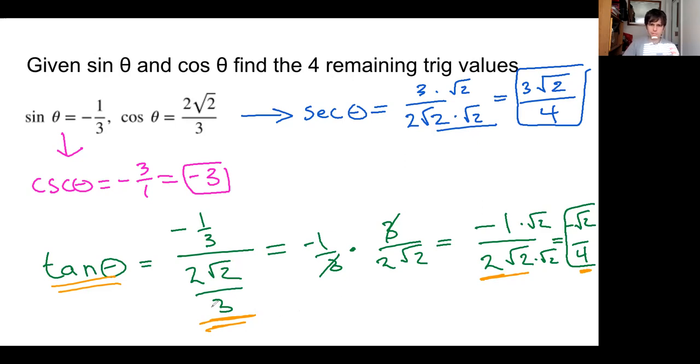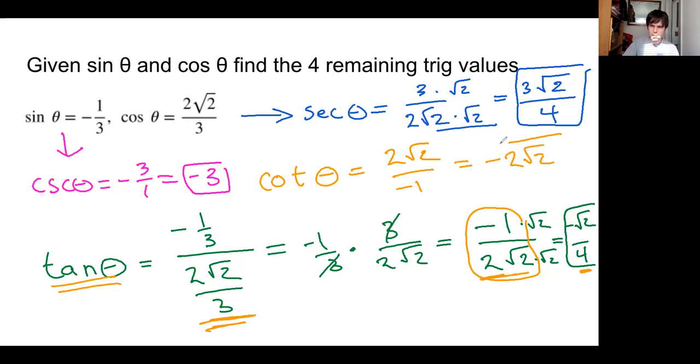If I flip the first one, I still have to multiply fractions, so maybe not the best. If I flip the last one, I'll have to rationalize it, so maybe not that one. But if I take this stage right here and turn it into its reciprocal, I won't have to rationalize, so that's the one I'm going to do. Cotangent of my angle is going to equal 2√2 over -1, which is just -2√2.